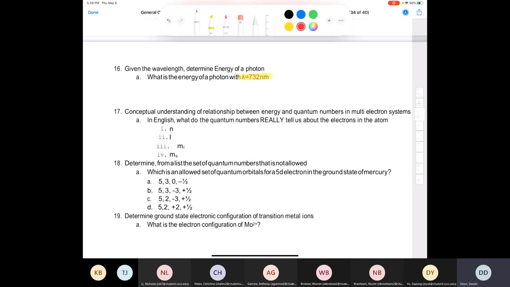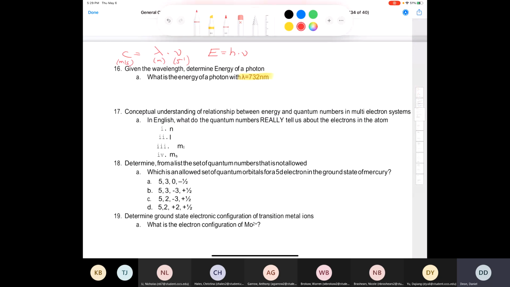Well, you know that the speed of light, which is in meters per second, is equal to wavelength, which is in meters, times frequency, which is in seconds to the -1, or hertz. Either way is fine. And we also know the formula that E is equal to h, Planck's constant, multiplied by frequency.